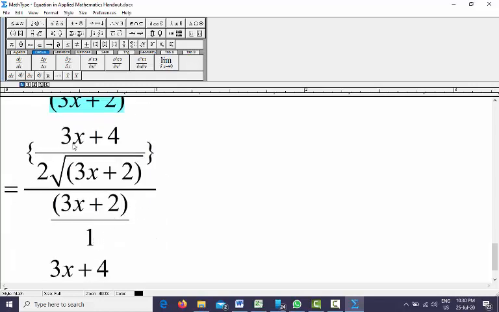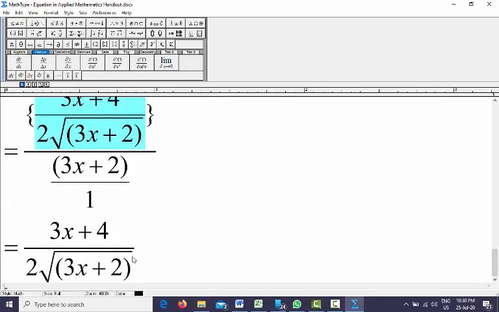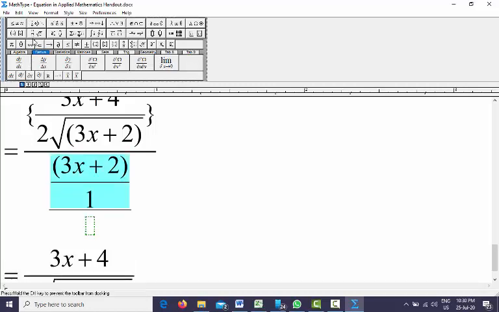Whatever you have in the numerator will stay as it is, and the fraction we have in the denominator will just get reversed.